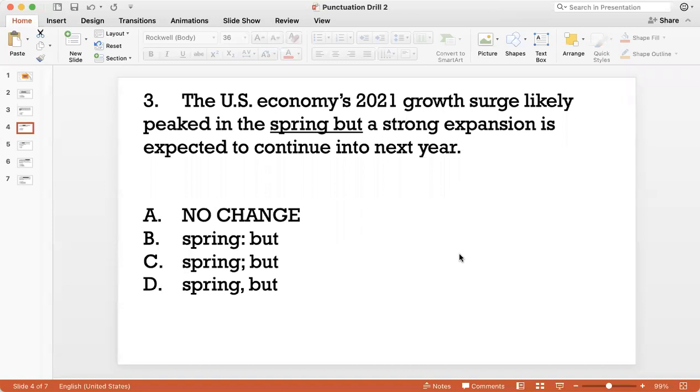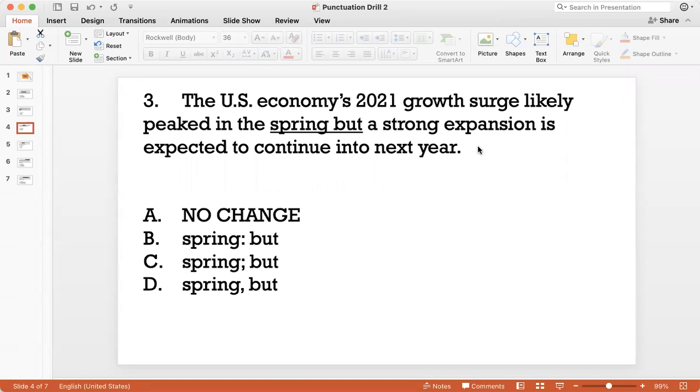Question 3. The US economy's 2021 growth surge likely peaked in the spring, but a strong expansion is expected to continue into next year. So I'm saying here that the 2021 growth in the US economy peaked in the spring, so it already peaked, but you can see a strong expansion happening into the next year.